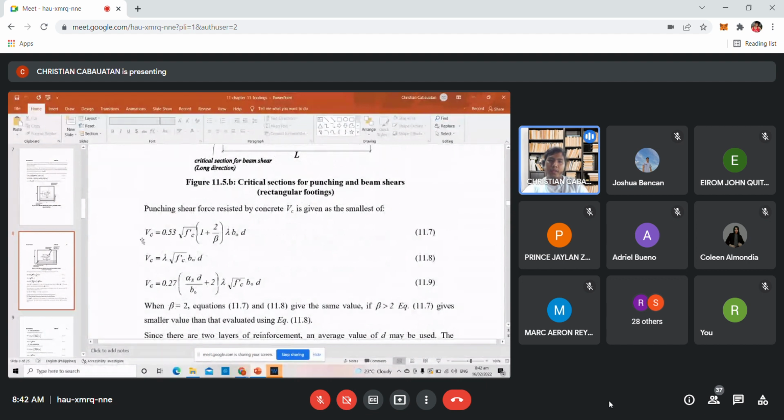Are you familiar with this formula, VC, the punching shear force? VC is equal to 0.53 square root of f prime c. Are you familiar with this formula? Anyone? Familiar ba kayo? Hindi kayo familiar. So, siguro, anong topic nyo na ba sa reinforced concrete?